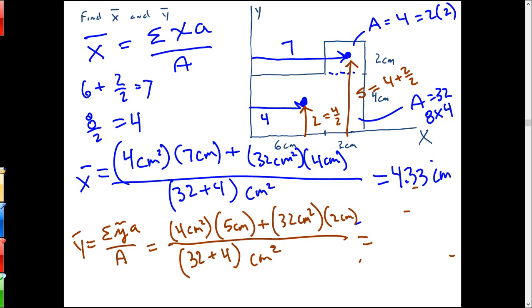So what is that? 20 plus 64, right? And then we'll divide that by 36. We get 2.33 centimeters.